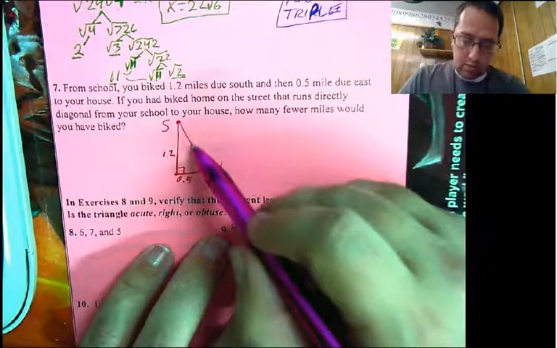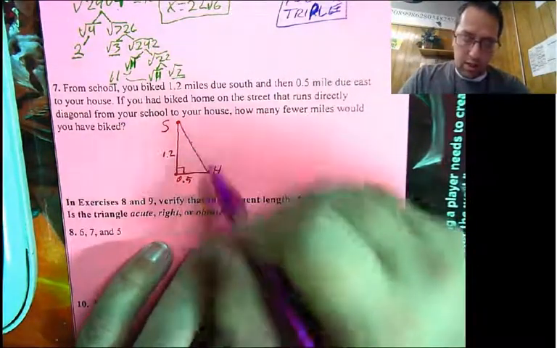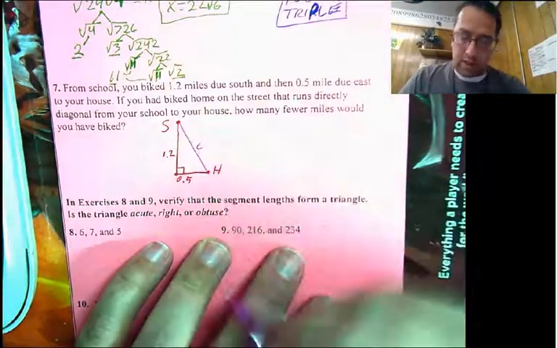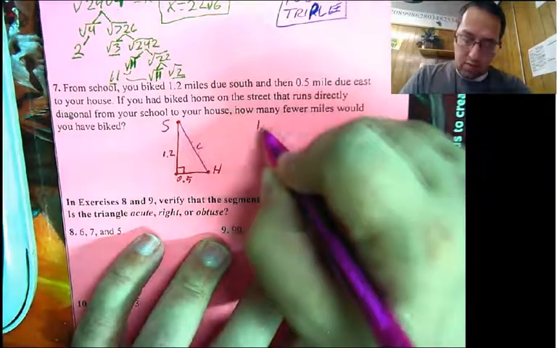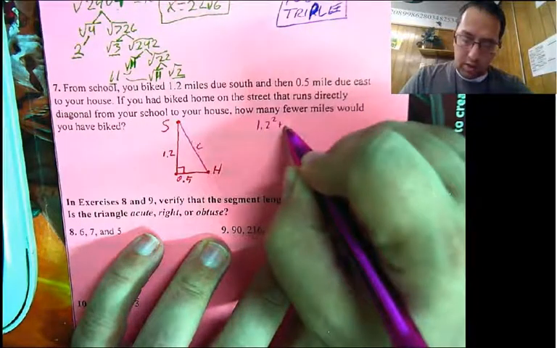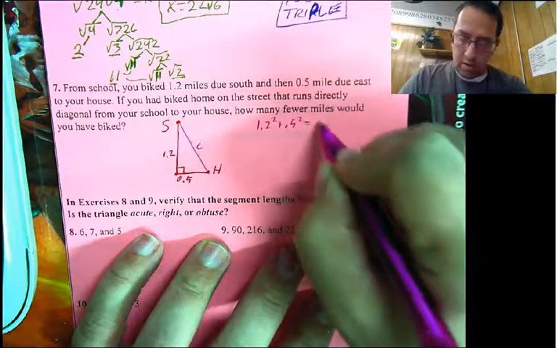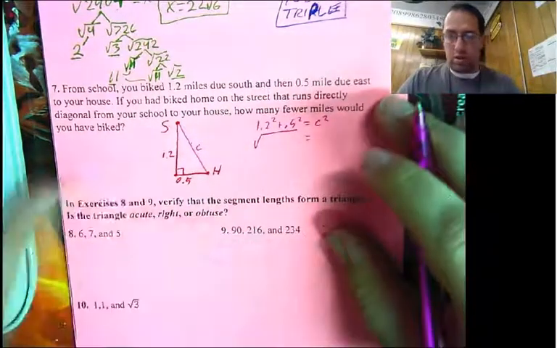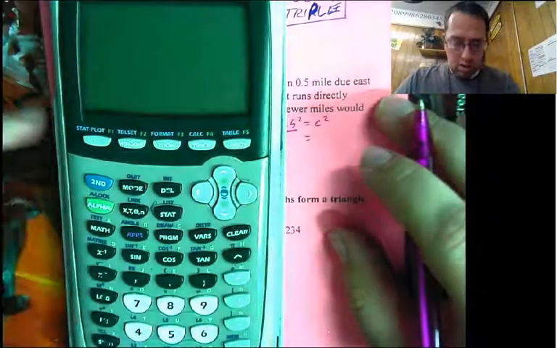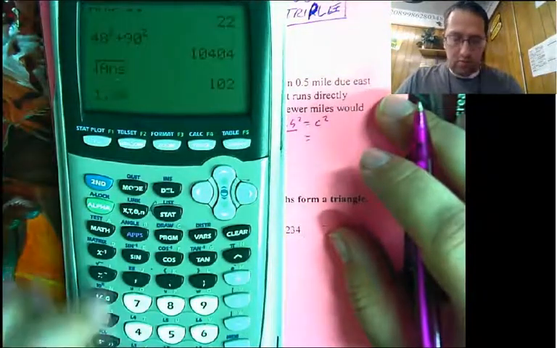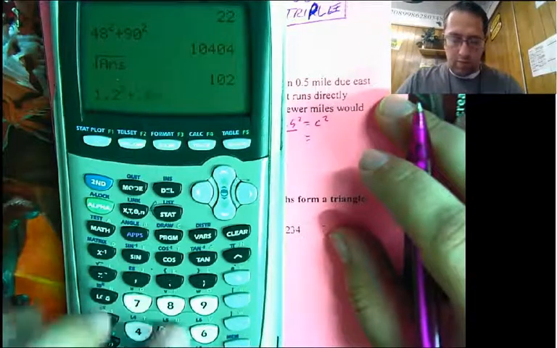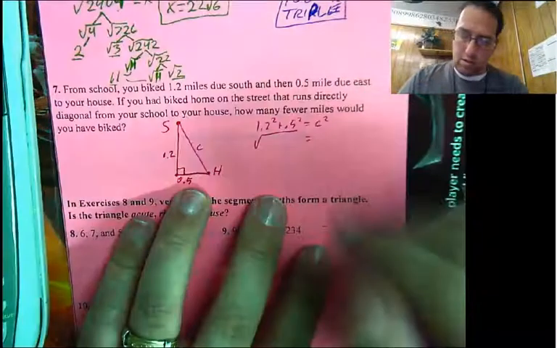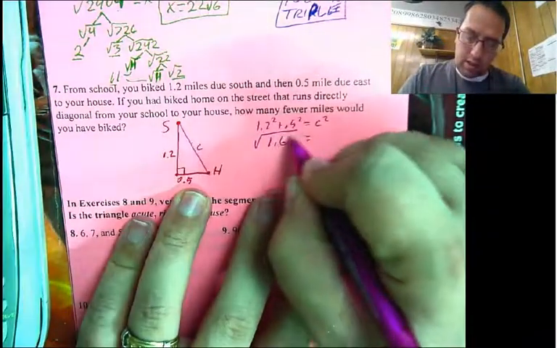So, the one that we are looking for is across from the right angle. So this is our hypotenuse. This is going to be C. So we have 1.2 squared plus 0.5 squared equals C squared. So that means we have the square root of 1.2 squared plus 0.5 squared, which is 1.69.